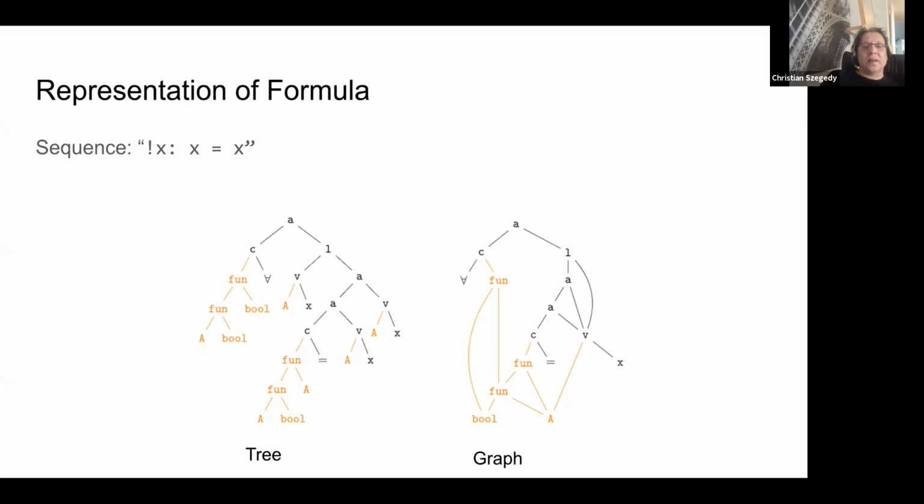Then you have to assign a type to every constant and every variable. In this case, the for all has a type that maps any function that is a proposition to another Boolean value. So the details don't matter that much.